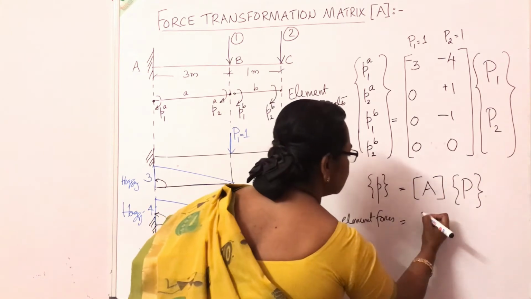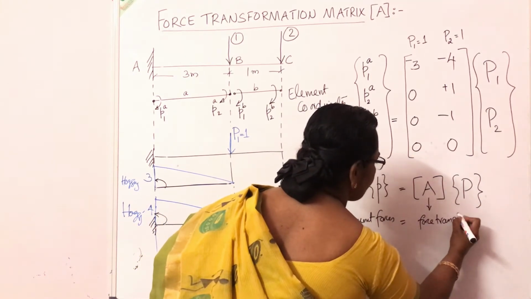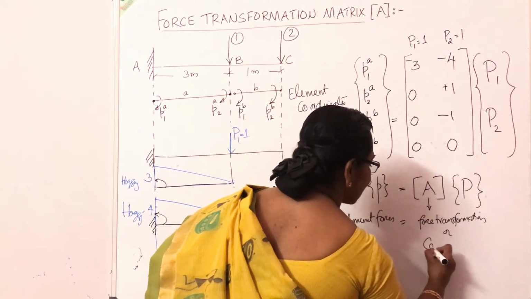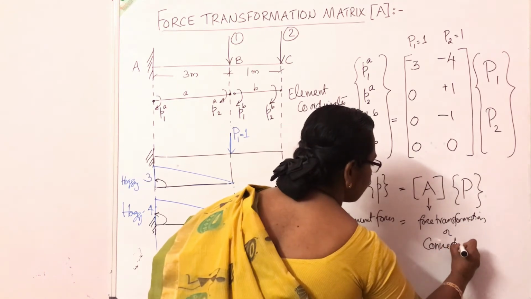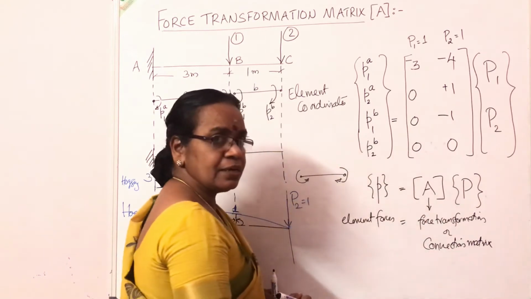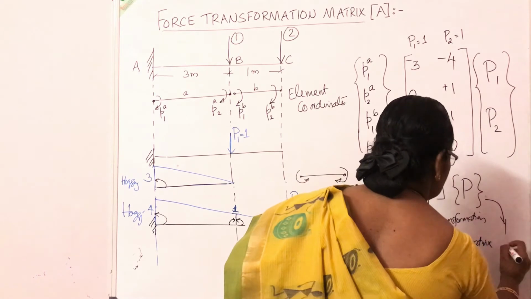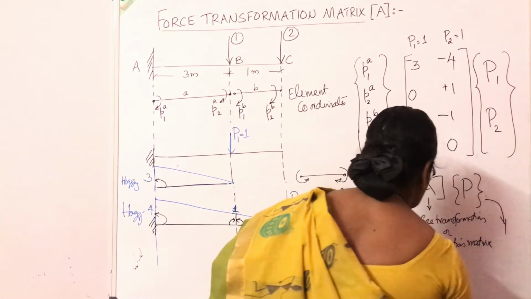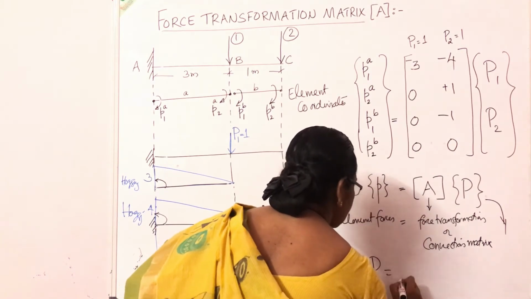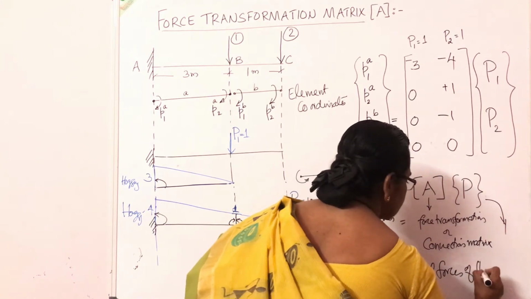The A matrix is called the force transformation matrix, or it is also called the connection matrix. It is a matrix which connects element forces and nodal forces, and capital P is the nodal forces of the structure.